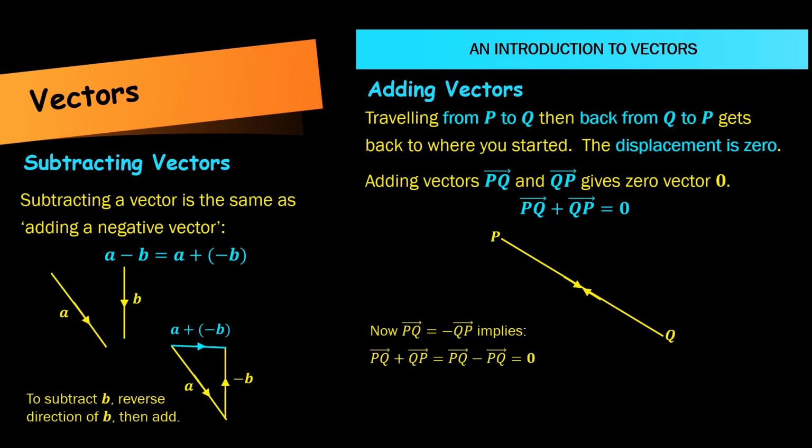And now PQ equals minus QP implies PQ plus QP equals PQ minus PQ, which is of course 0 again. So we're saying the same thing in different ways.